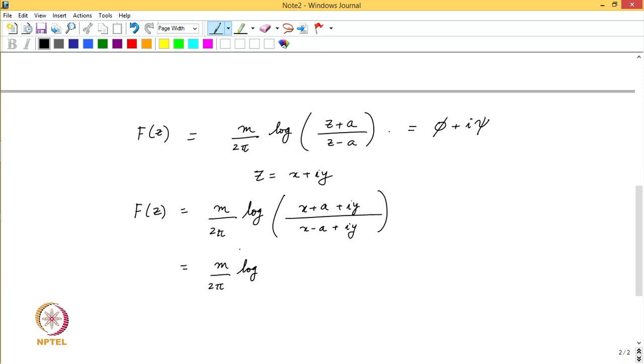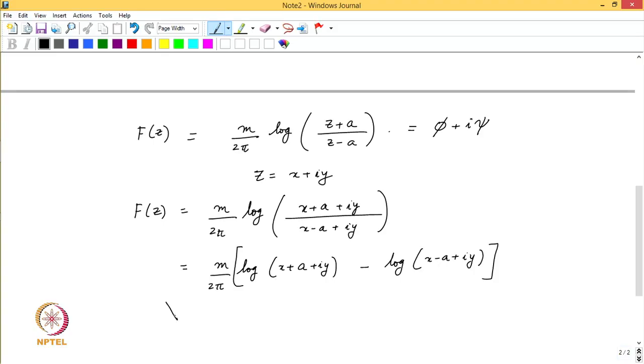So, this is log of x plus a plus i y minus log of x minus a plus i y. Now, the method that I would use to simplify and to separate out these log of complex numbers into real and imaginary parts is the following.